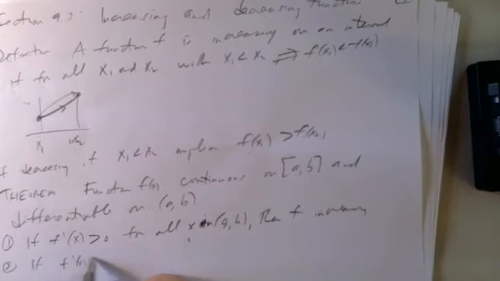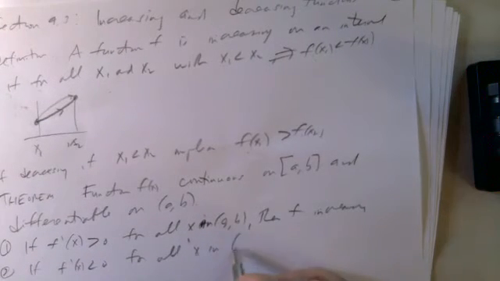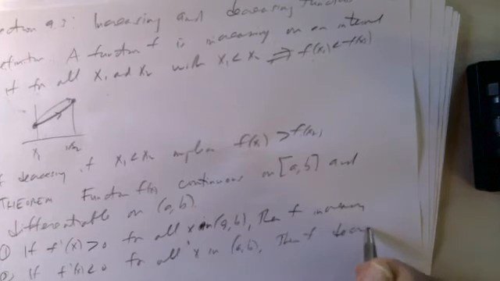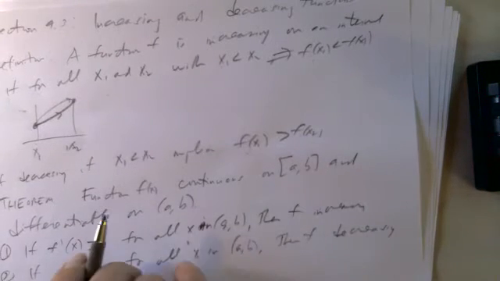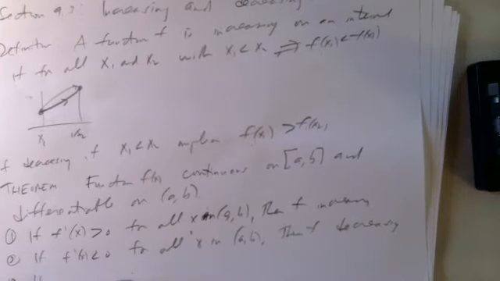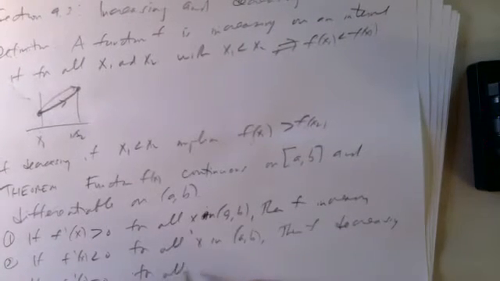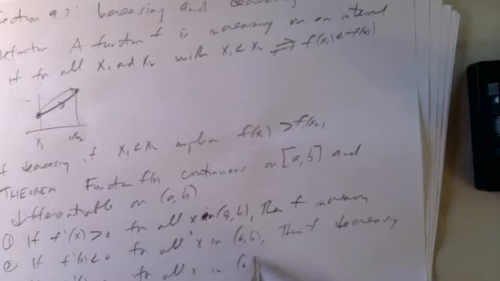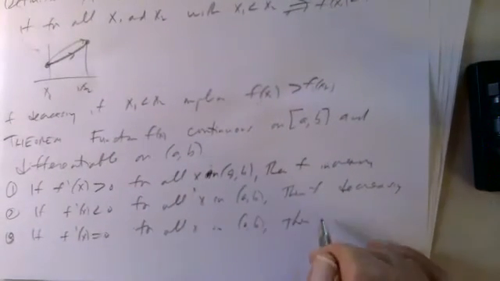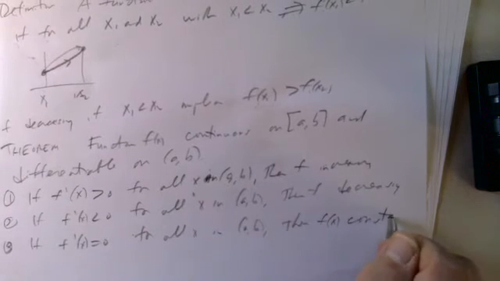If the derivative is negative for all x in the interval from A to B, then f is decreasing. And if the derivative is 0 for all x in the interval from A to B, then f of x is a constant function.